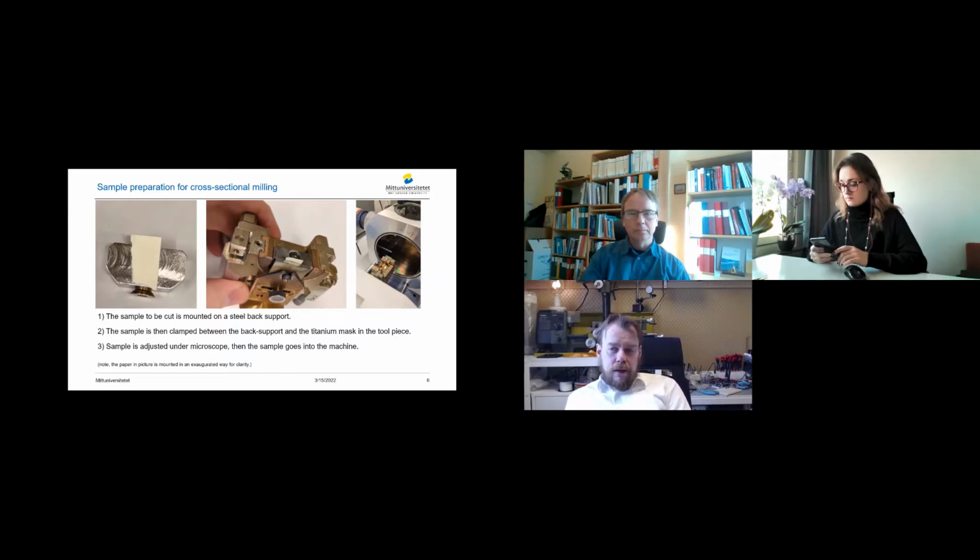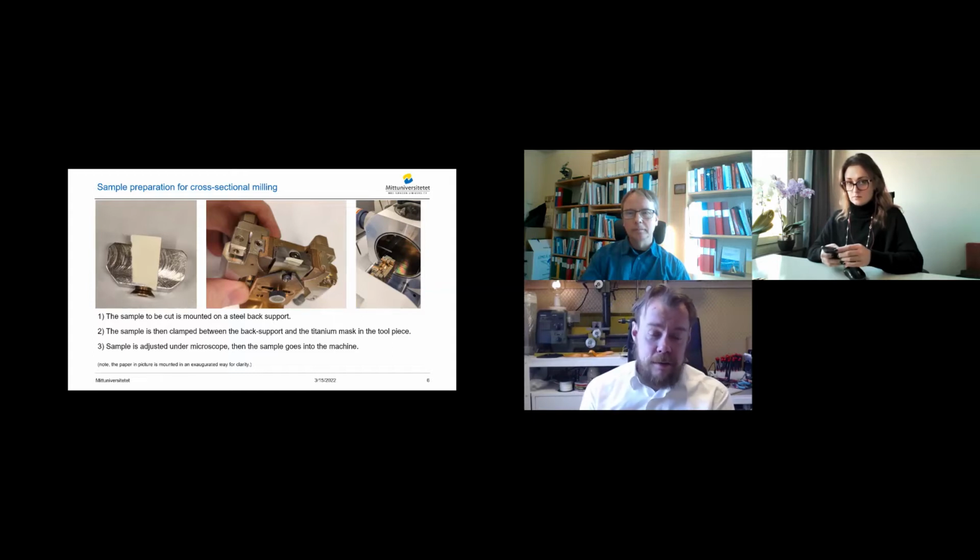Depending on the type of material you're studying, more advanced mounting techniques can be used, but in this picture it is just glued directly to the steel back support. The whole steel piece in the picture is around 20 by 10 millimeters, so you have some understanding of the scale here.